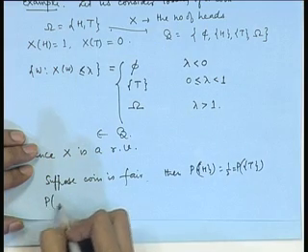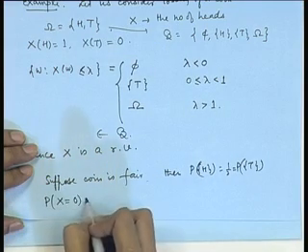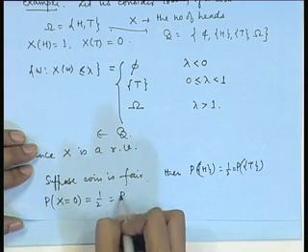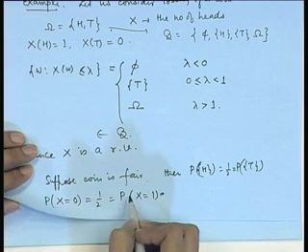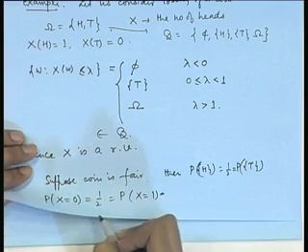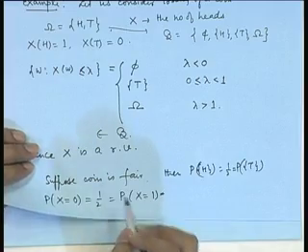Therefore, P(X = 0) is equal to half, and P(X = 1) is half. So this is giving you the probability distribution of the random variable X.